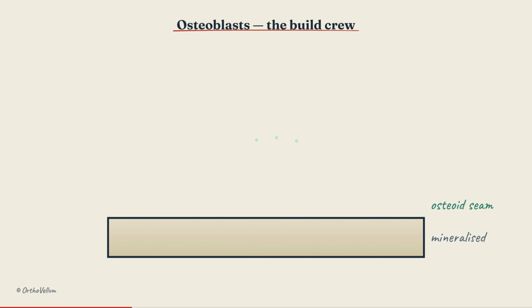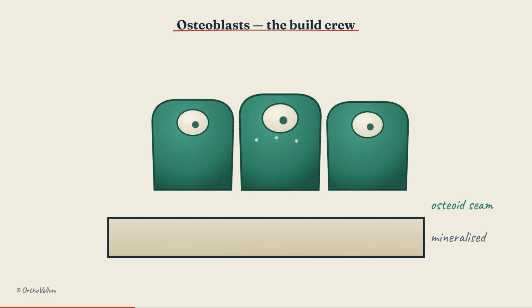Behind the demolition comes the build crew. Osteoblasts are cuboidal, and crucially they are polarized. The nucleus sits away from the bone, and the secretory machinery faces towards it. They are stuffed with rough endoplasmic reticulum because their entire job is manufacturing protein, type 1 collagen, laid down as unmineralized matrix called osteoid, at a rate of 1 to 2 micrometers per day.